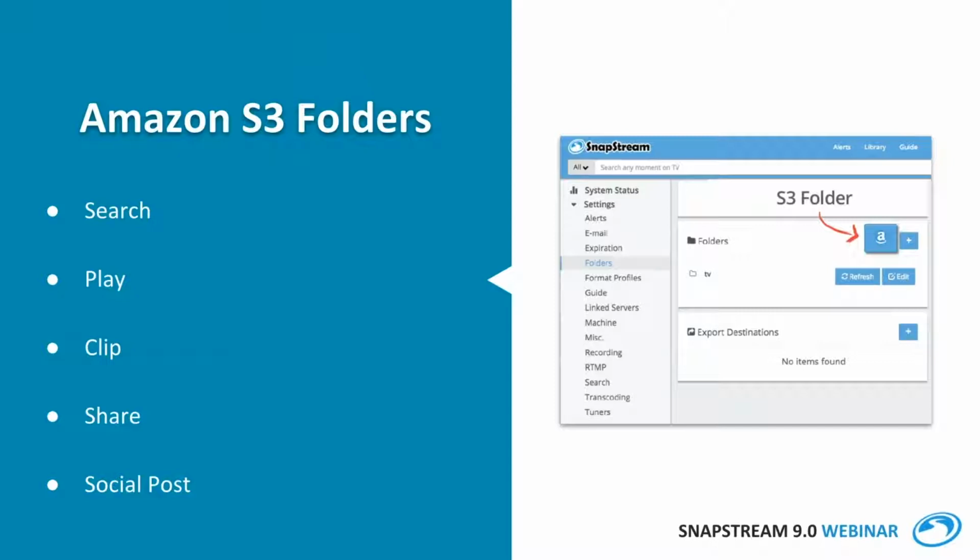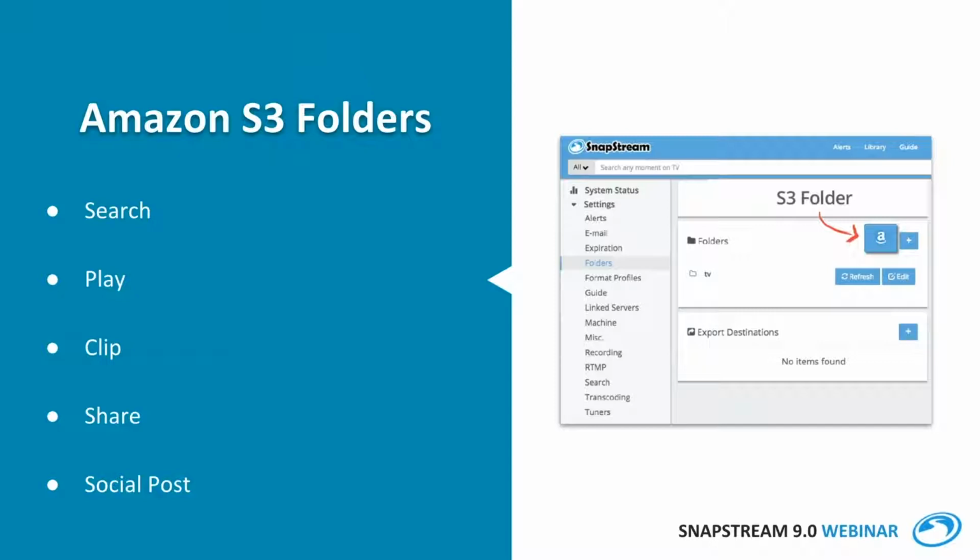A lot of my conversations also turned up a desire to use Amazon's cloud storage for SnapStream. So earlier this year, we released the ability to export to your Amazon S3 cloud storage folders from SnapStream, but those items then were no longer available in the SnapStream system.